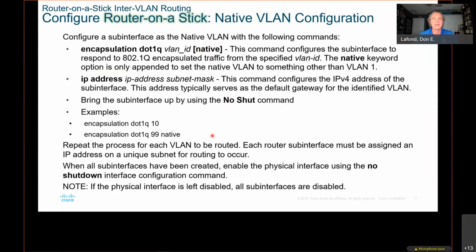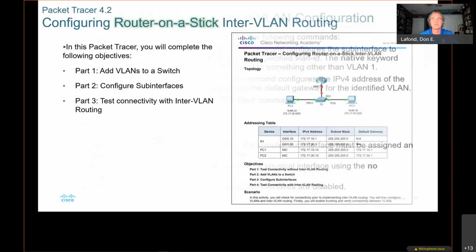And here it is right here, dot1Q 10, and they did that one, and then they did dot1Q 99 native, and they only put this here to show that to make VLAN 99 a native VLAN, you put the word native after it. That's how you do it, okay? And then don't forget to bring up the no shutdown.